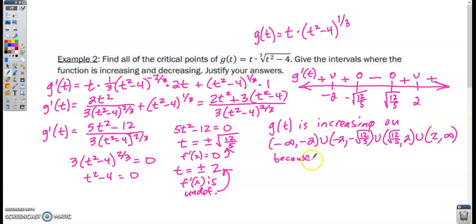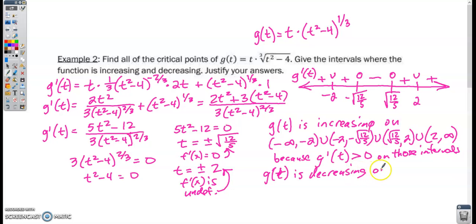Because g prime of t is greater than 0 on those intervals, it's increasing there. And g of t is decreasing on the interval from negative root 12 over 5 to root 12 over 5.